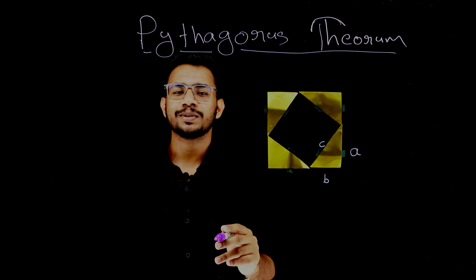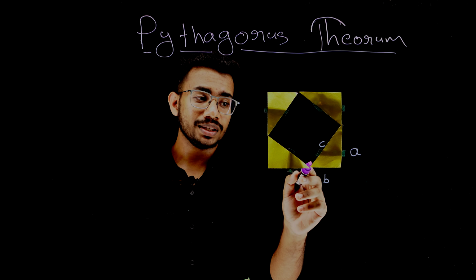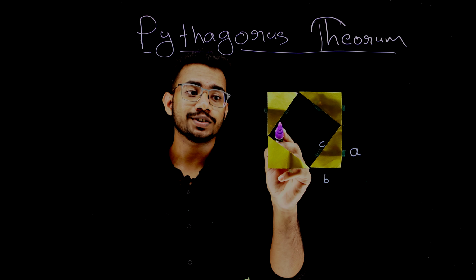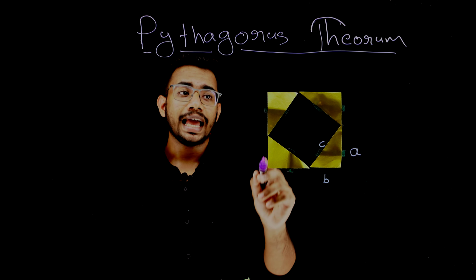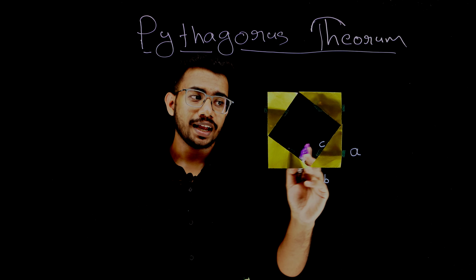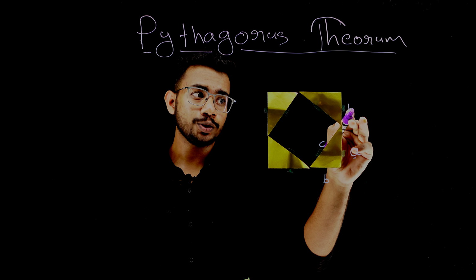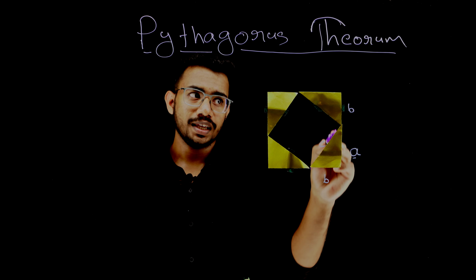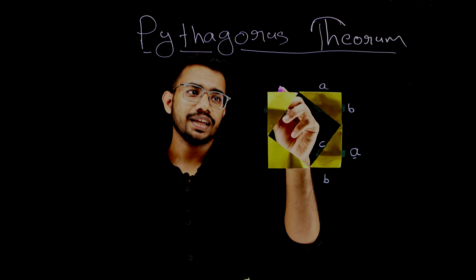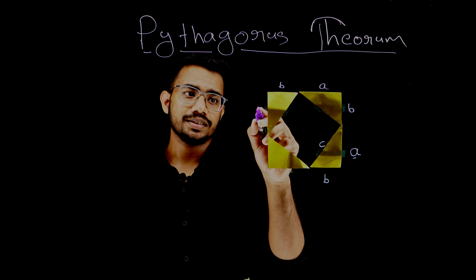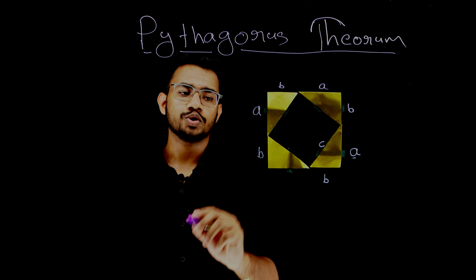It is self-explanatory, because the inner square has all its sides as the hypotenuse of the triangles. And for the outer square, I know that this is a, then this should be b. If this is b, then this should be a, and if this is a, this should be b, and this is b, this should be a, and this should also be b.